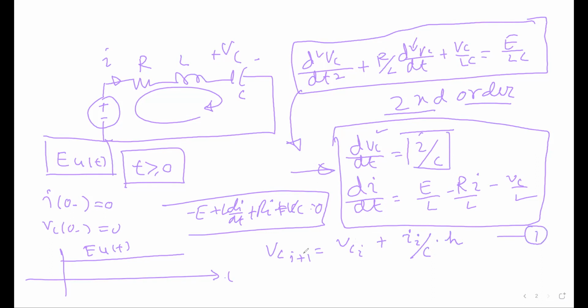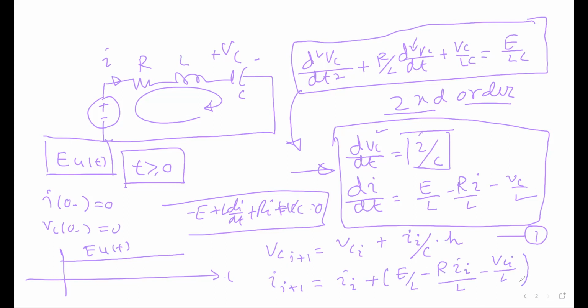Yes, sir. For your next equation, I at i plus 1 would be equal to I at i plus your slope. The whole thing is your slope, equal to E divided by L minus R into I at i divided by L, minus Vc at i divided by L. Is it not the thing?